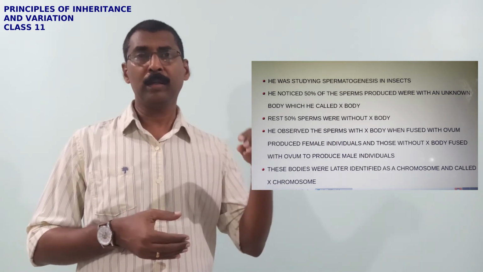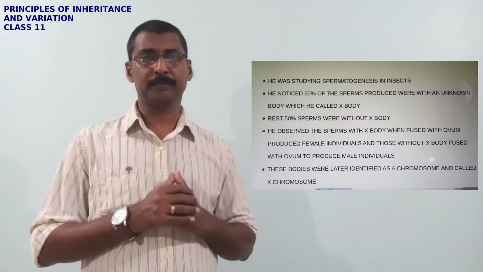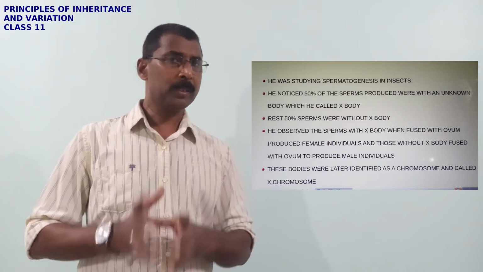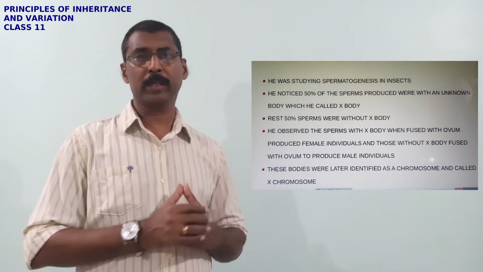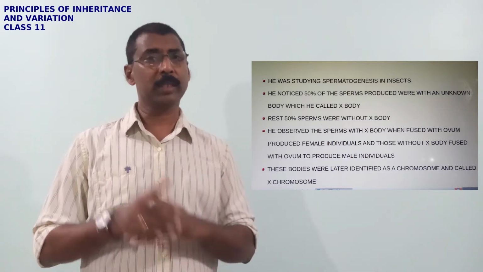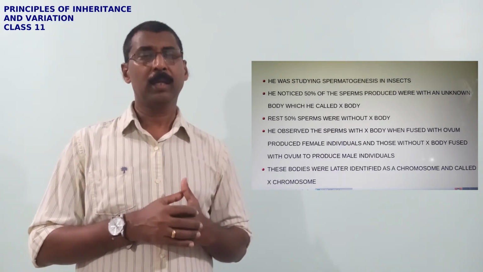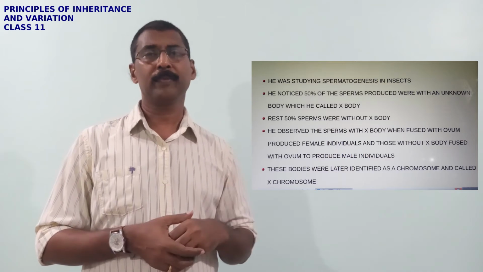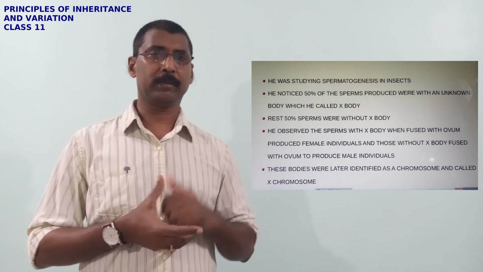And in ova, all ova were with the X body. So in a male, half of the sperms produced were with X body and half without X body. In the case of females, all ova produced were with the X body.